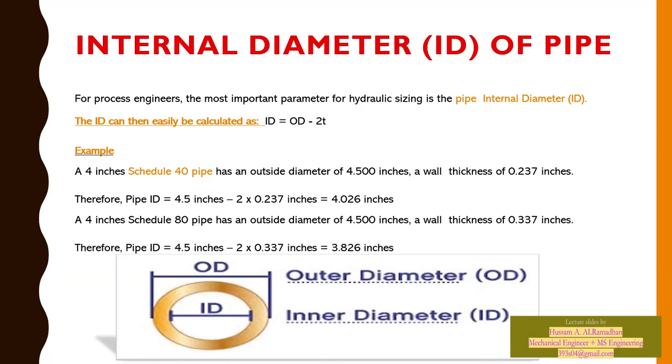Therefore, the pipe ID is 4.5 inch minus 2 multiplied by the thickness 0.237 inch. The result will be 4.026 inch. A 4-inch schedule 80 pipe has an outside diameter of 4.5 inch and a wall thickness of 0.337 inch. Therefore, the pipe ID is 4.5 inch minus 2 multiplied by 0.337 inch, and the result will be 3.826 inch.